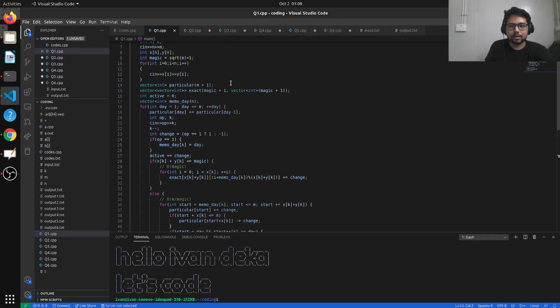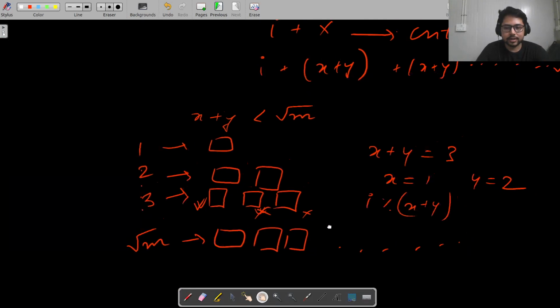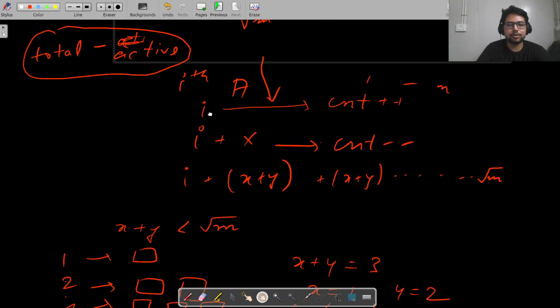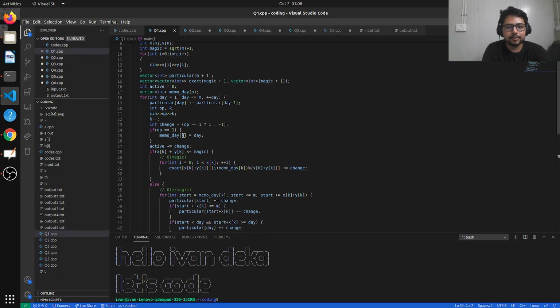This particular vector will keep a count for case number 1, for all the cases in which the added train had an x plus y value more than root m, in which we are directly doing a brute force over root m segments, keeping a count of which are active and which are not. So this particular array is for that case.